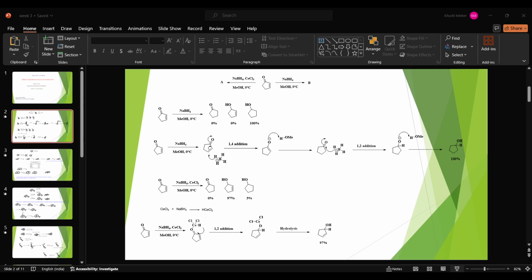If you use normal methanol, will you get 100% yield? If you use methanol from any chemical source, will you get more yield? Or if you run the reaction in an air atmosphere, will you get more yield? Yeah, under a nitrogen atmosphere you will get a good yield.